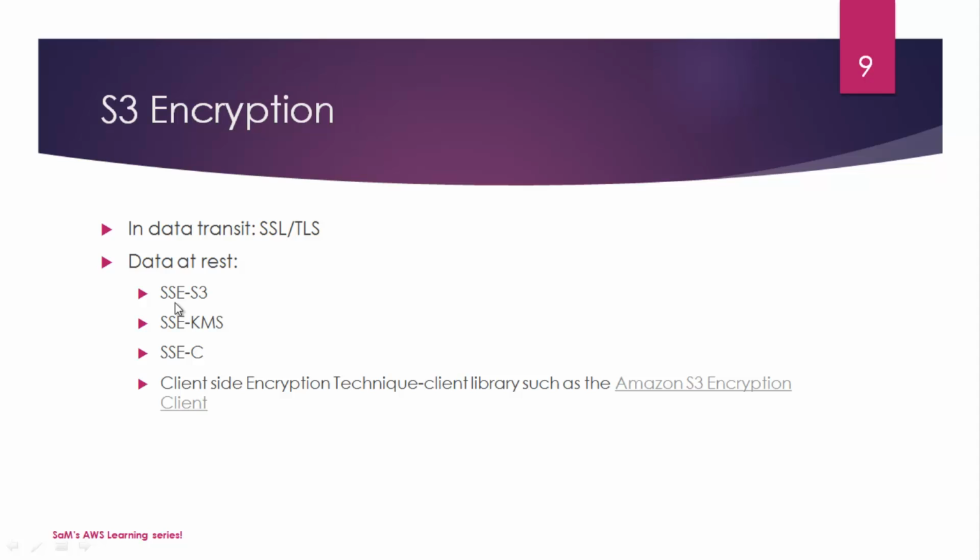SSE stands for server side encryption, and in SSE-S3, it will be using AES-256, the Advanced Encryption Standard. And then SSE-KMS stands for server side encryption with key management service, wherein you can use software and hardware encryption techniques.